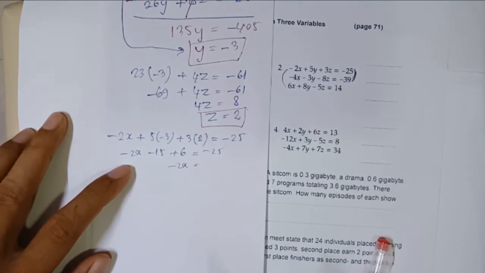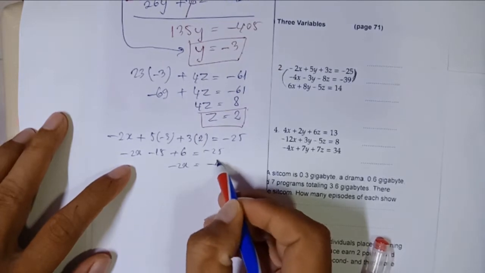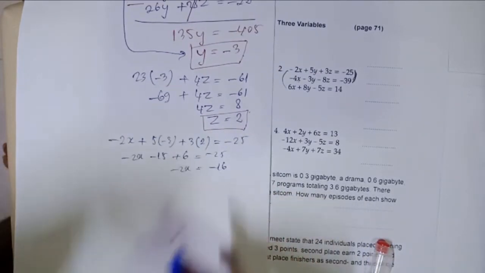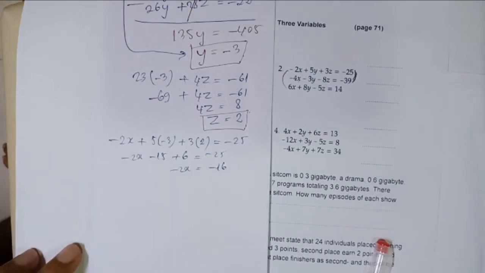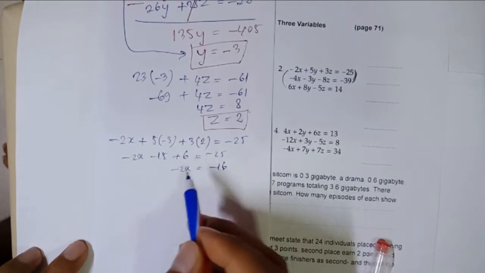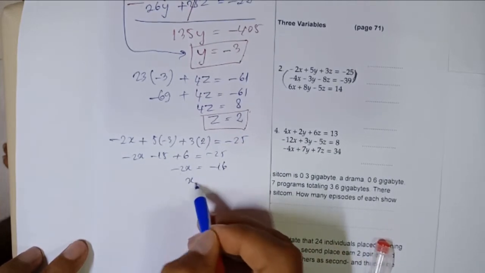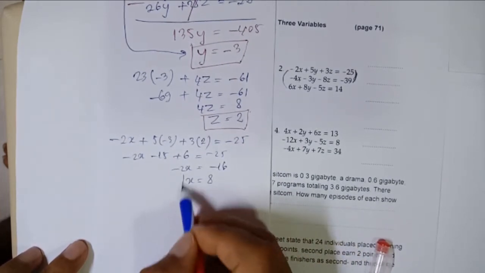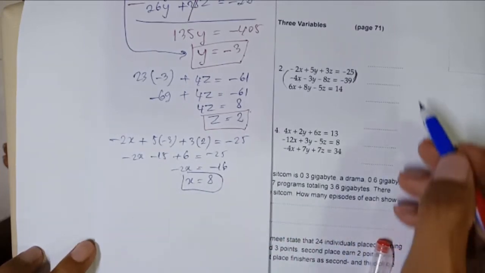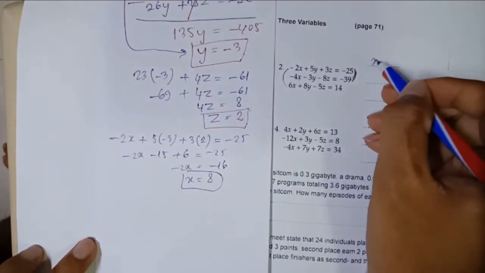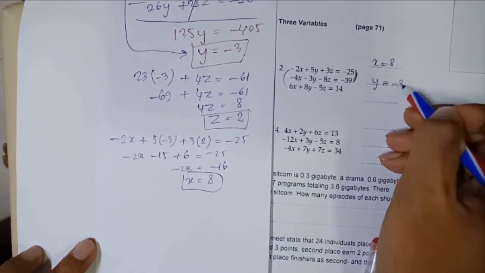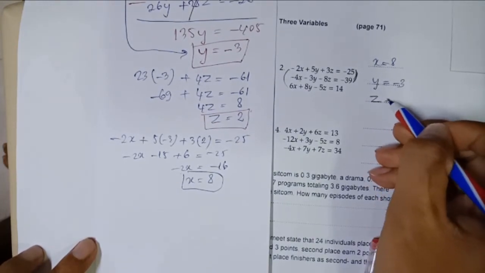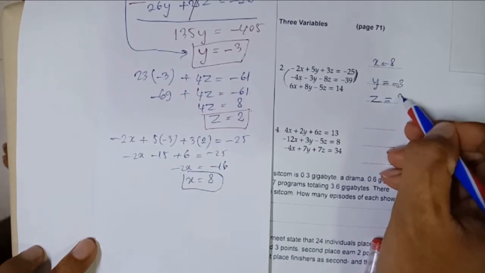It will give you minus 16. So minus and minus, no more minus. Minus 16 divided by minus 2 is going to give you 8. So our answer: x equal to 8, y equal to minus 3, and z equal to 2.